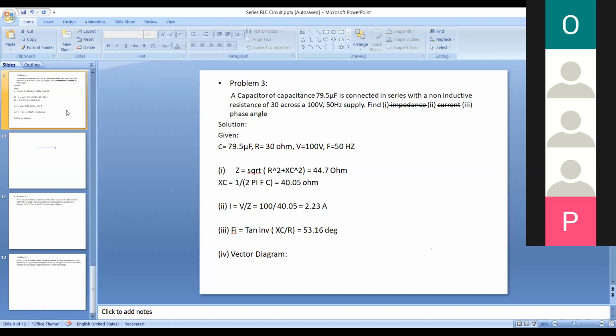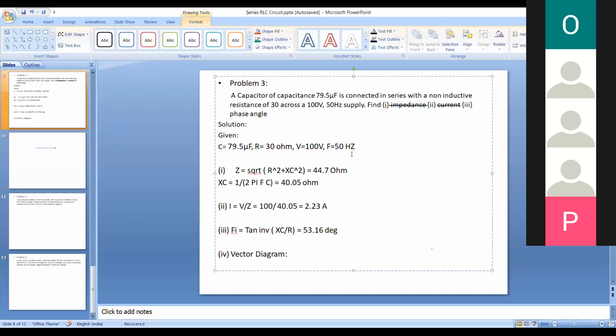Let me first check XC. 2 pi f C gives 40.05. Yes, XC is correct.